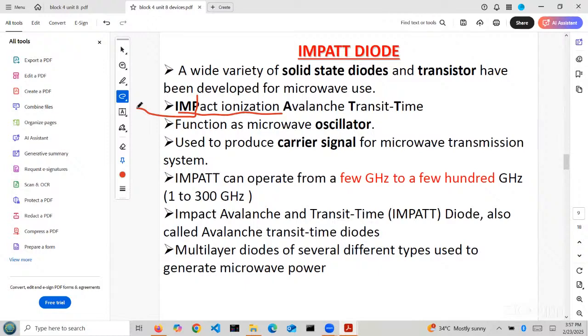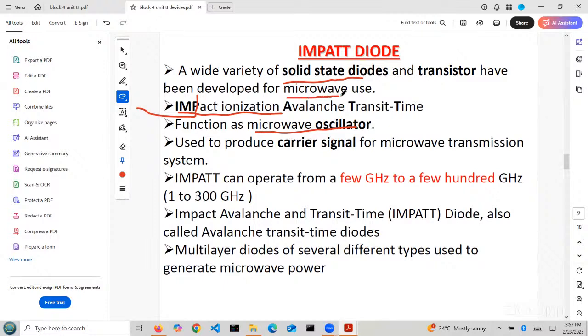Where are we using this one? We are using it in a microwave oscillator. It is a solid state diode, developed for microwave applications.